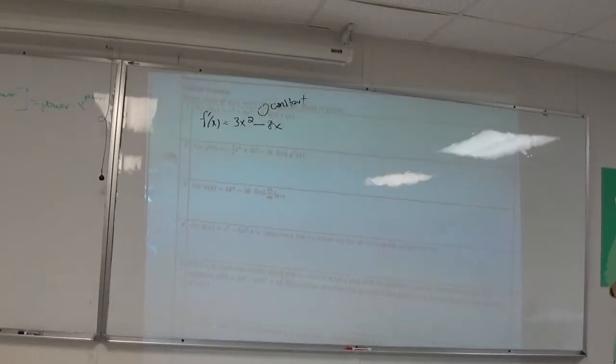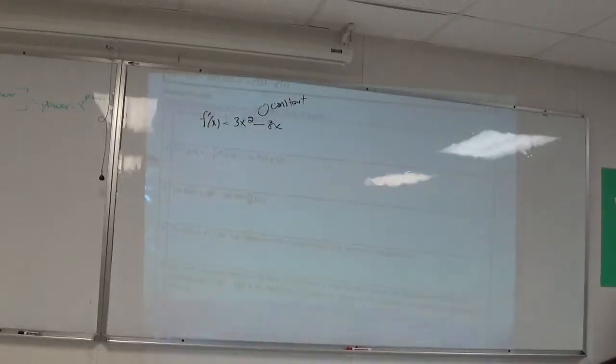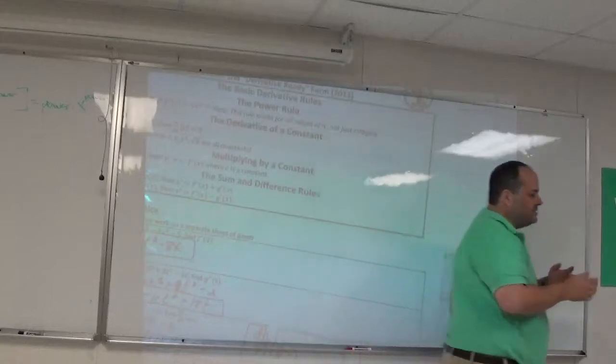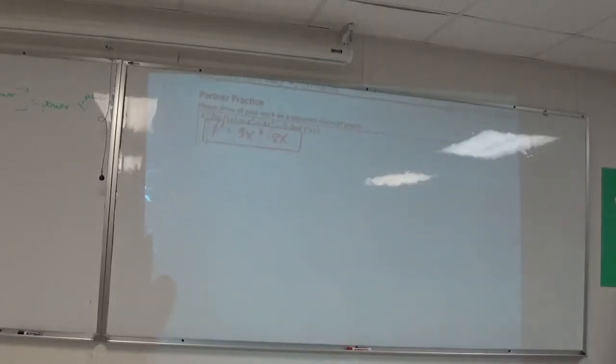All right, friends, if you could grab markers out of the container, please. This is not for a grade. This is just a little bit of feedback for you. I know everyone's got the first one right because you blindly copied what I did.